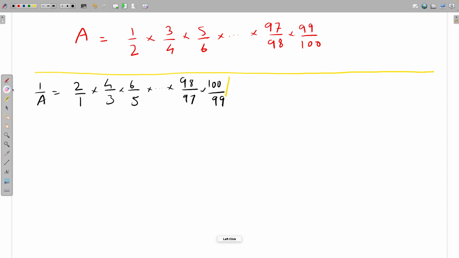Let me quickly erase this one. I am just going to keep it this way, and for the other equation, I'm going to multiply by 101 on both sides of this particular equation.